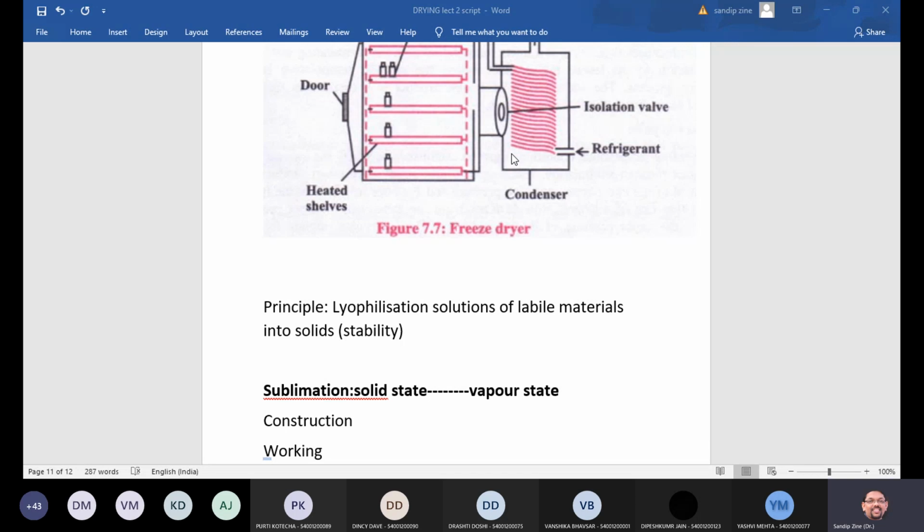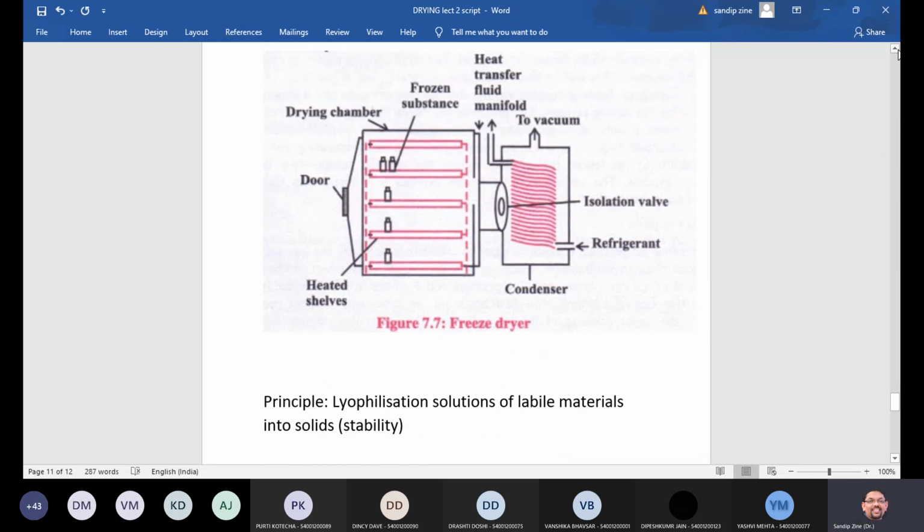So in construction, you can mention that the freeze dryer consists of a drying chamber in which shelves are used to place the material. You are observing this diagram, so these are the shelves.